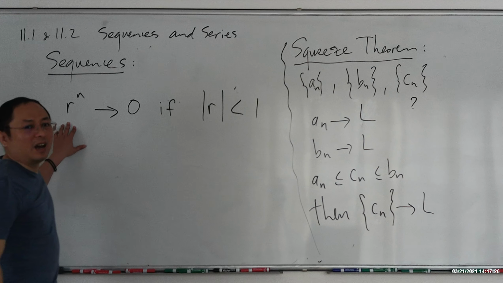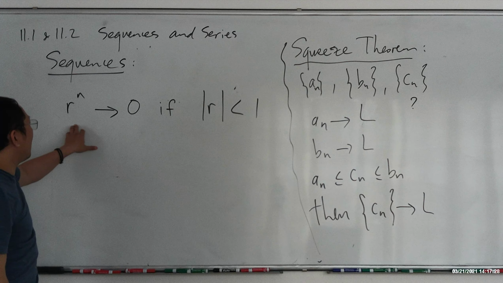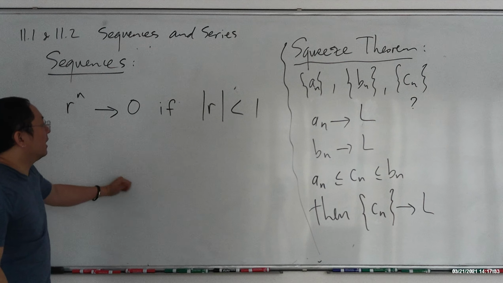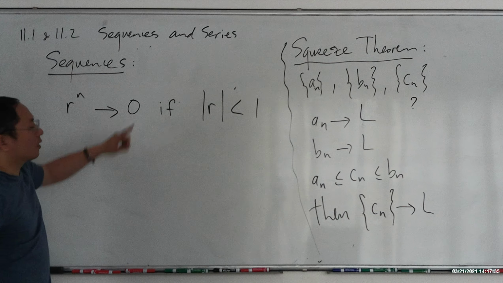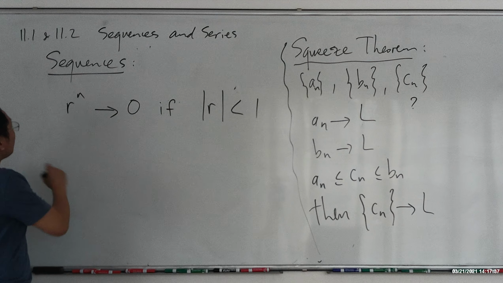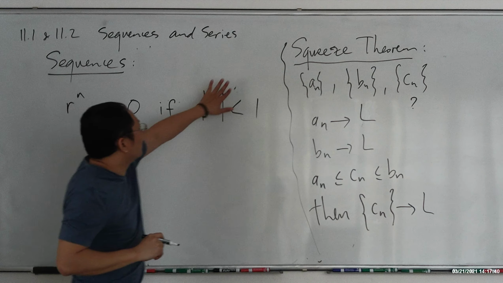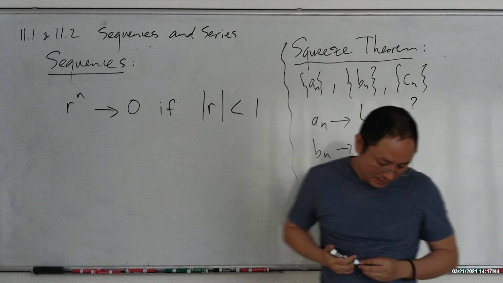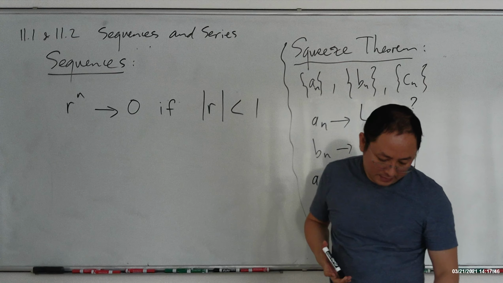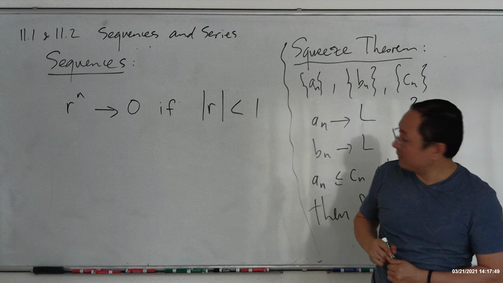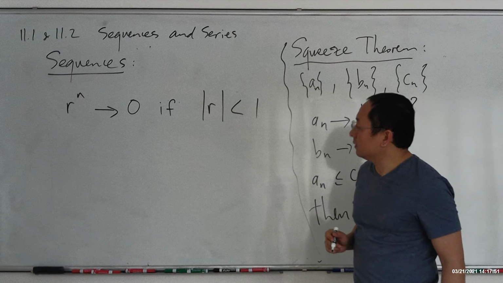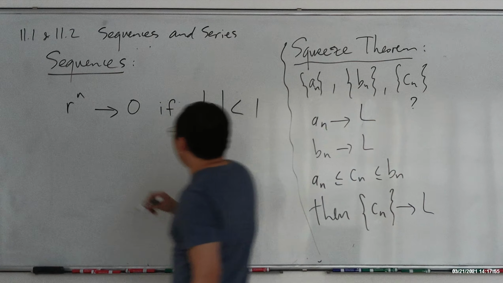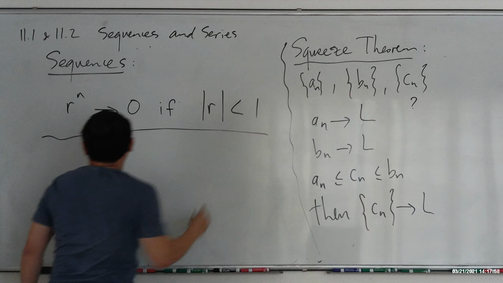So r is negative 0.5, positive 0.5, positive 0.9. And n goes to infinity. Okay, then r to the n is going to go to 0. And otherwise, it's not going to go to 0. It's going to go to infinity or negative infinity.